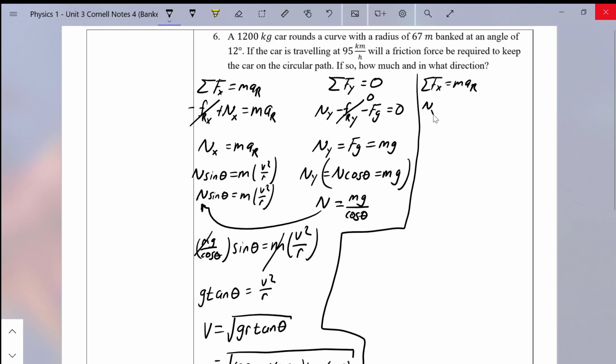Forces in the x direction will be nx plus, in the x direction, our friction force. Here's our inclined plane, and our acceleration is this way, so our friction force is this way, which means that we will have nx minus friction, minus frx, is equal to ma sub r.